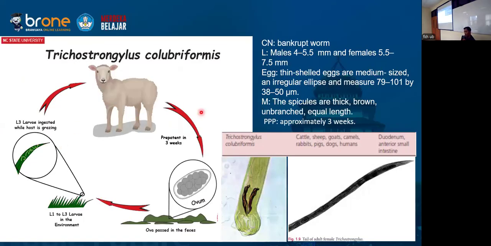Trichostrongylus colubriformis. The common name is bankrupt worm. Why is the name bankrupt worm? Because they make the farm go bankrupt.